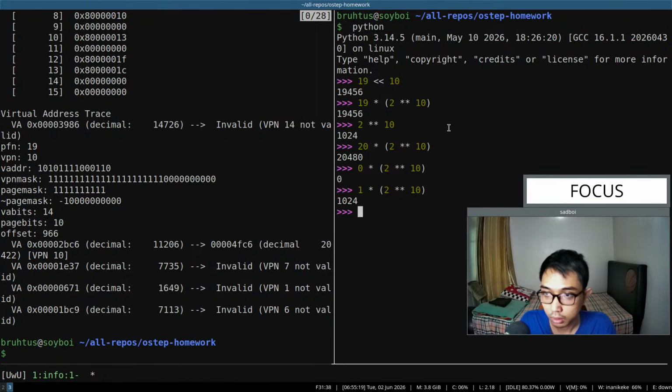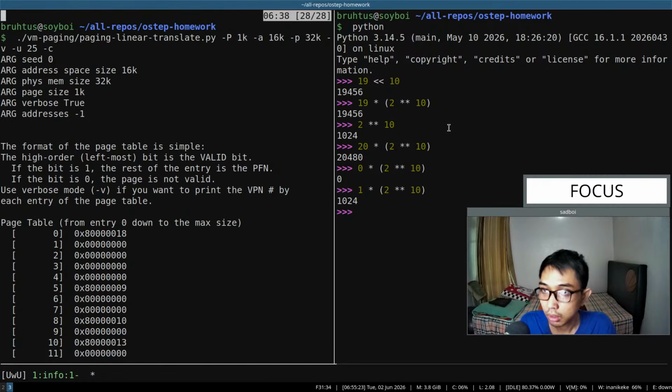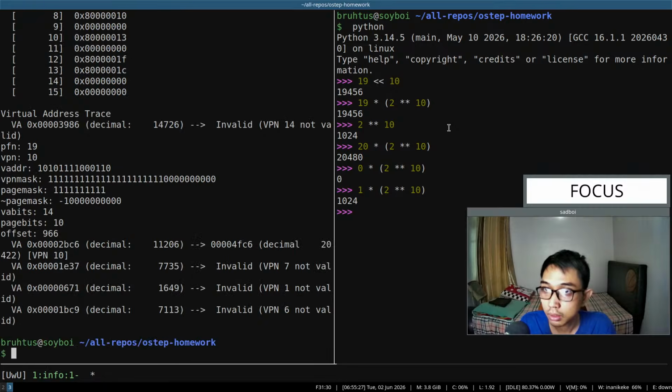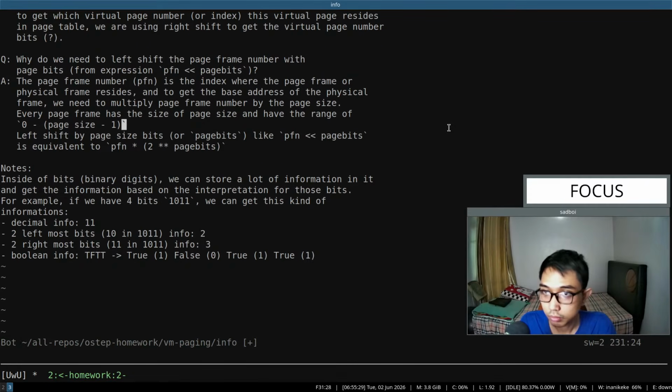Yeah, this is the page size, right? So the starting address.